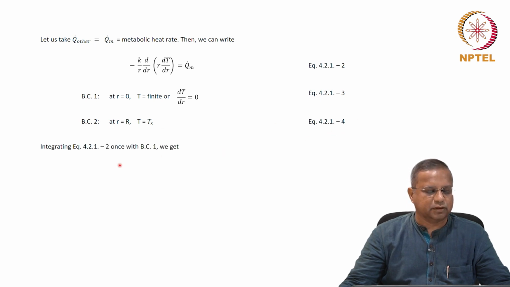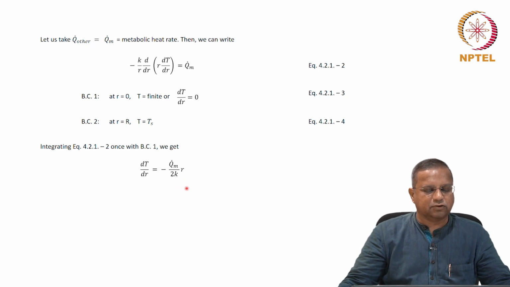Equation 4.2.1-4. Therefore, if we integrate 4.2.1-2, this equation, with the boundary condition 1, dT dr equals 0 at r equals 0. If we first integrate this, r dT dr becomes Qm dot r by k, with a minus also, and d dr of this equals Qm dot r by k. Now you integrate that, you'll get r squared by 2.